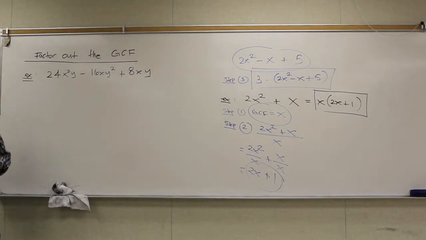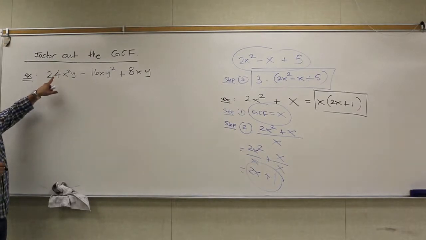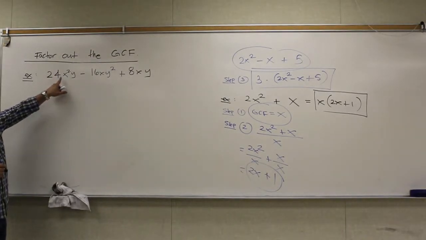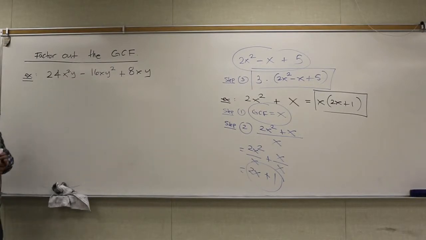So now you have what? Not just the greatest common factor going to consist of a number, but also the letter x and the letter y, or the variables x and y. Okay? So factor out the greatest common factor.